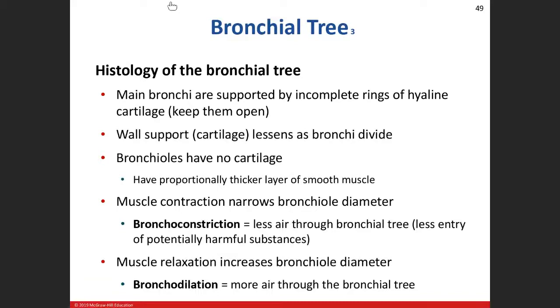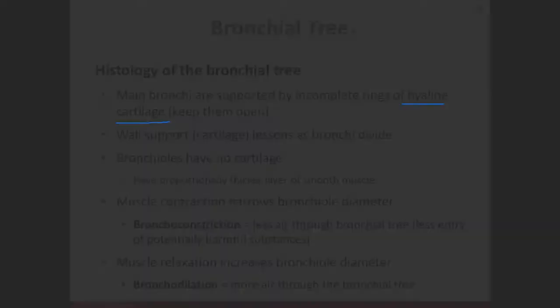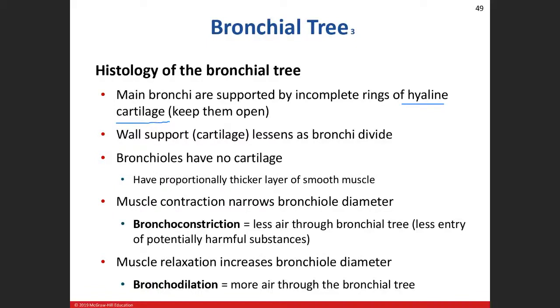Okay, so as we move through the bronchial tree, we are going to see that the hyaline cartilages are eventually going to disappear. The right and left primary bronchi will have hyaline cartilage, but as we get down into the bronchioles, we will not have any cartilage present.